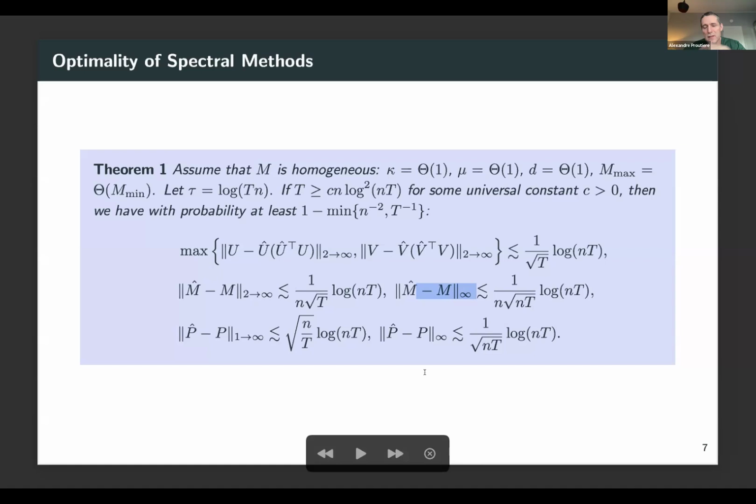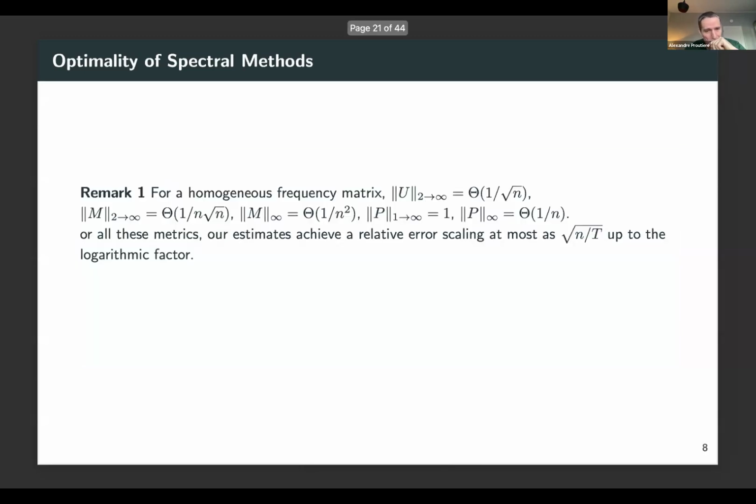So in the entry-wise guarantee, you see, for example, that we get log nT over square root of nT as a guarantee, where T is the length of the trajectory and n is the number of states here. Okay, so if you think about it, for a homogeneous frequency matrix or transition matrix, the 2-to-infinity norm of U, the singular vector, is scaling as 1 over square root of n.